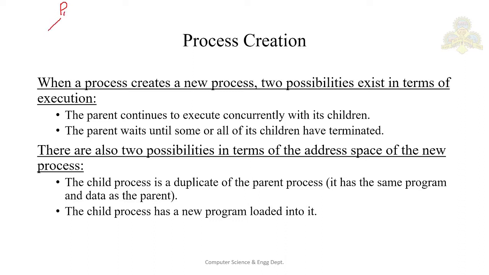If it creates one process, say P1, we call P0 the parent and P1 the child. Again, P1 can create another child, say P2. This is a child of P1, and this can be continued. So this is a tree structure. Your processes can form a tree structure.